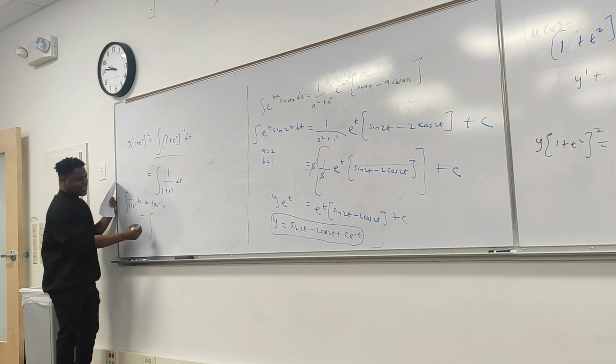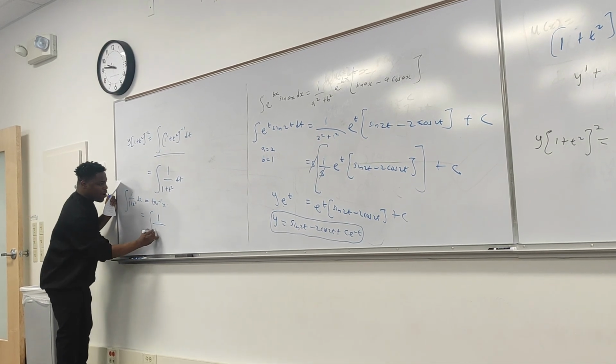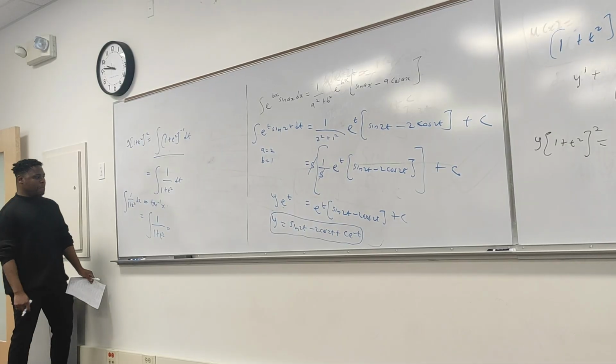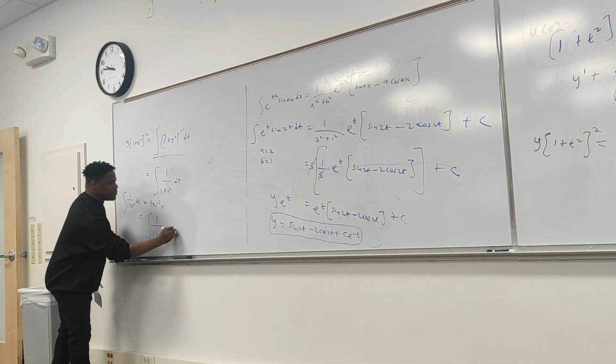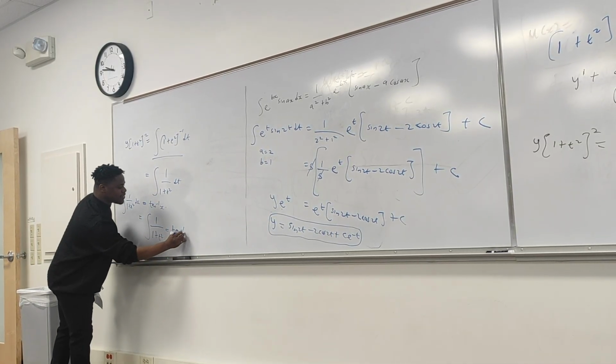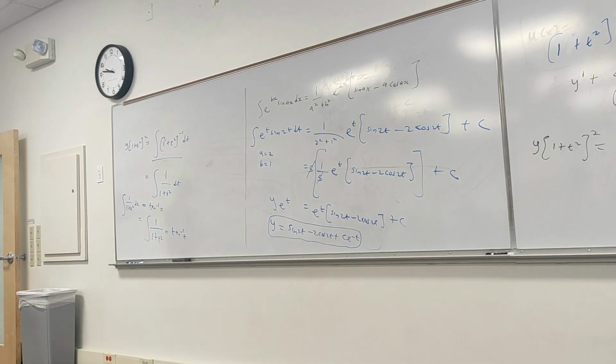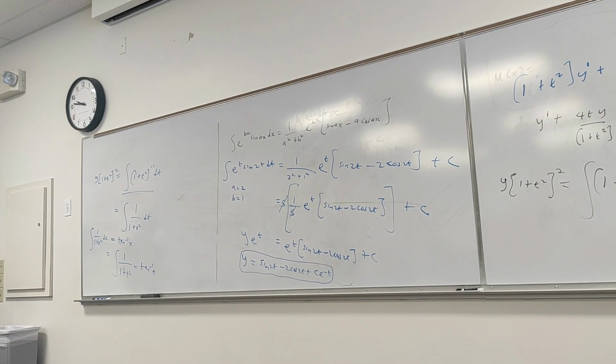So the integral of 1 over 1 plus t squared would be tan inverse t. Did anyone solve another way? Who solved another way? Okay.